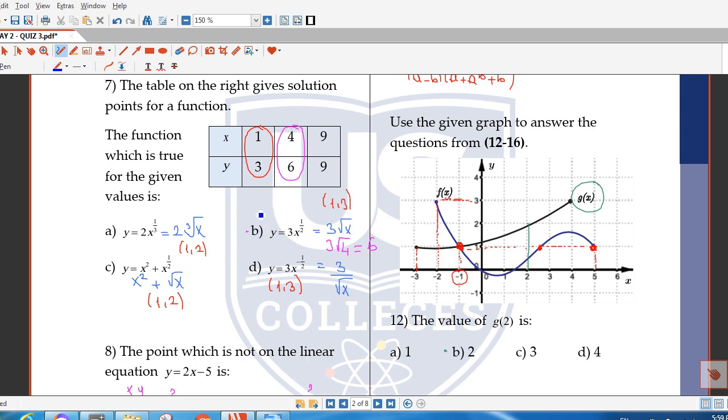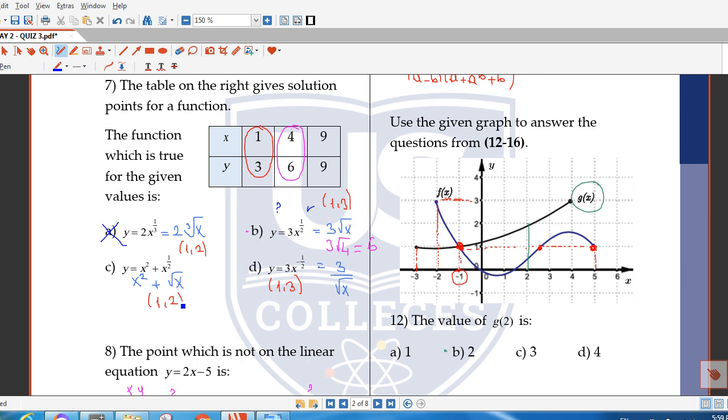And if a function is true for the given table, the coordinates have to satisfy it. Writing 1 for x has to give us 3. If I write 1 here, cube root of 1 times 2, 1 and 2, it won't be the answer. If I write 1 instead of x, 3 times root of 1 is 3, it's okay, it's possible.